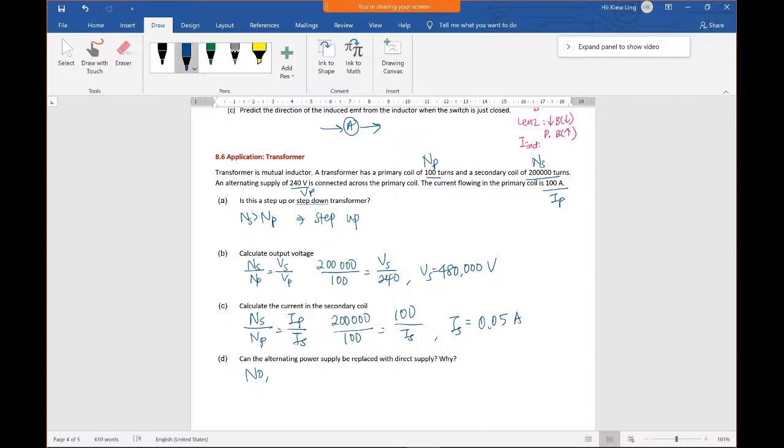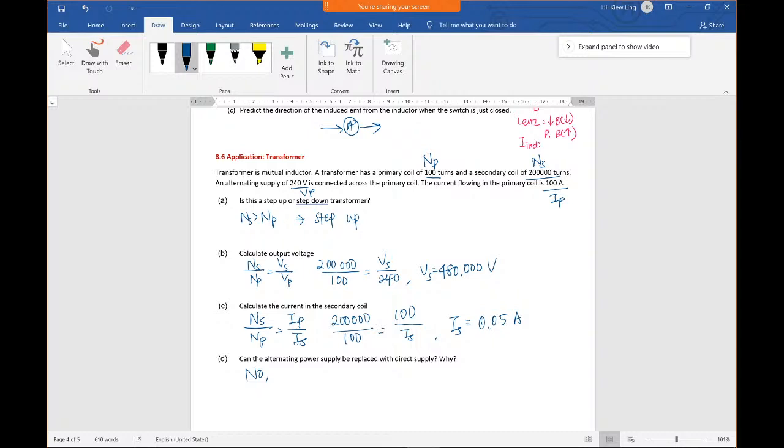Okay, very good. So, to be strict, if you say you want to replace with direct current, you can actually, but in order to provide a constant change in magnetic flux, you have to hire someone to stand in front of the switch, keep on turning the switch on and off for 24 hours 7 days non-stop.